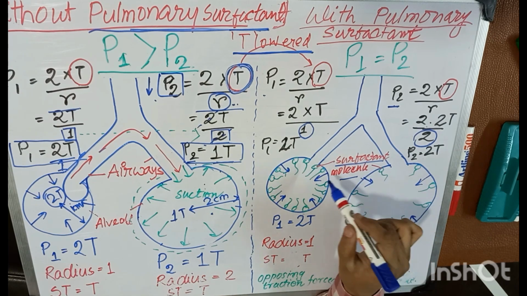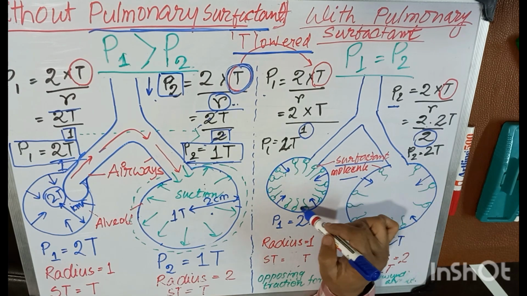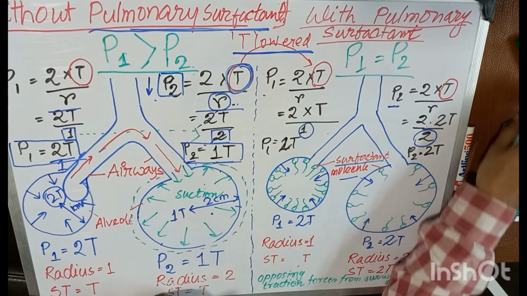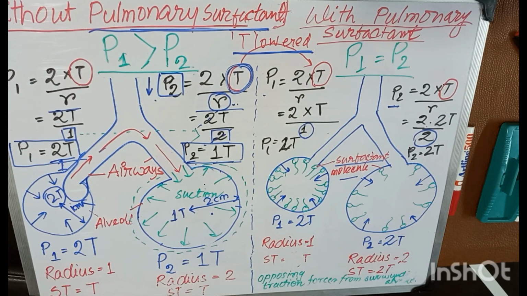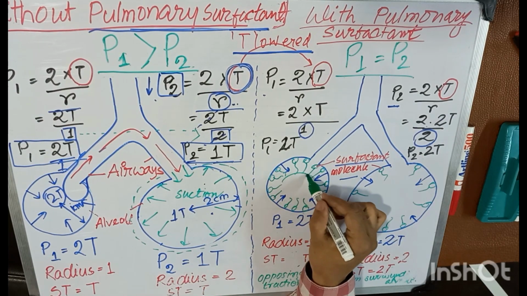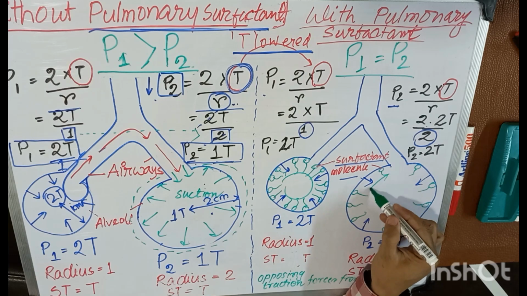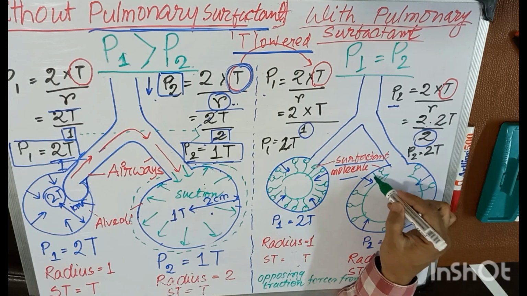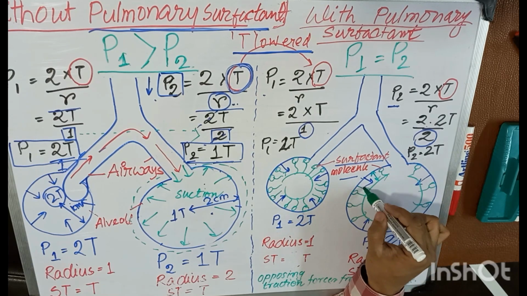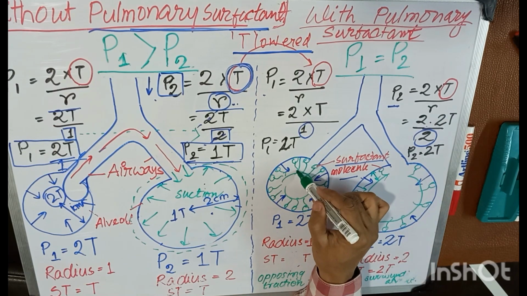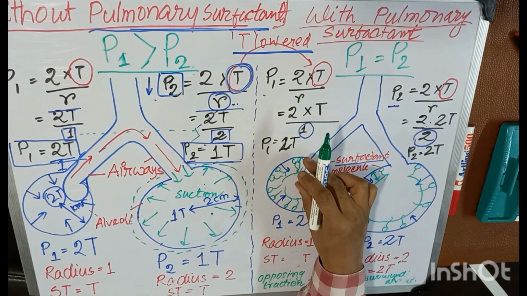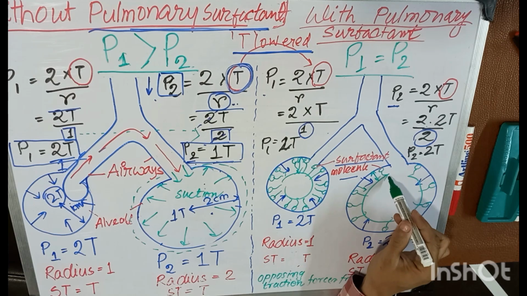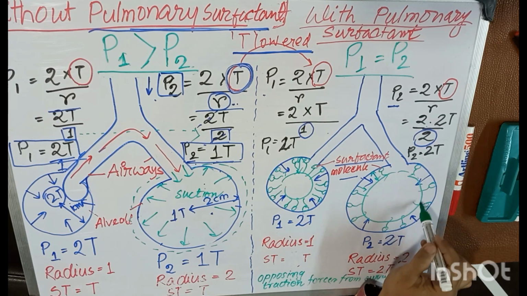Because of the presence of surfactant molecules, the alveoli are lined with them. It has a thick layer of lining, a thick surfactant lining. This was very thick, compared to this section, which is getting thinner as the alveolus expands. So there is a thick layer here and a thinning of the layer there.